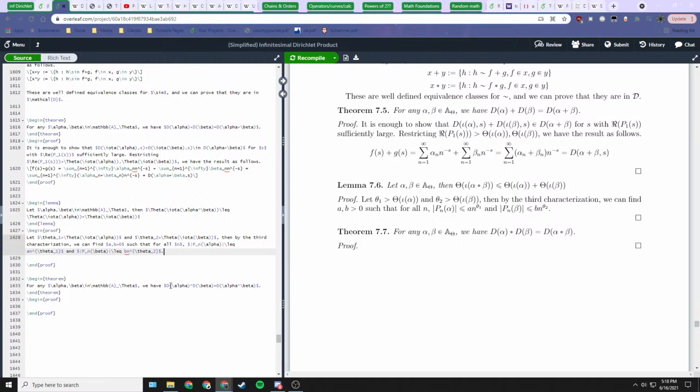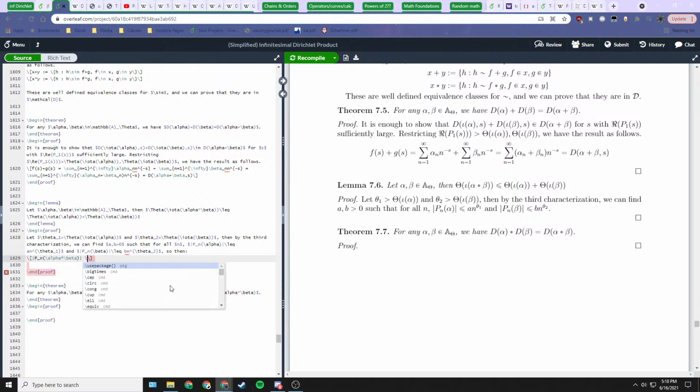Okay, so we then have, if we do P sub n of alpha star beta, we take the absolute value of this. This is going to be less than or equal to the sum over AB equaling n of the absolute value of P A of alpha times P B of beta by the triangle inequality.